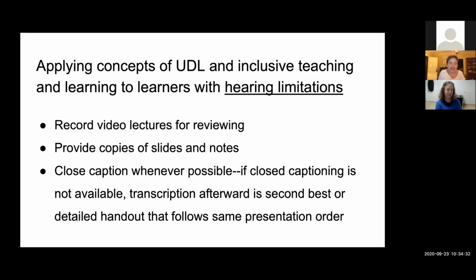Providing closed captioning whenever possible is imperative. If closed captioning is not available, then allowing for transcription is a second best to that, and offering a detailed handout or outline of presentation slides that follows the same order of the presentation can be very useful.